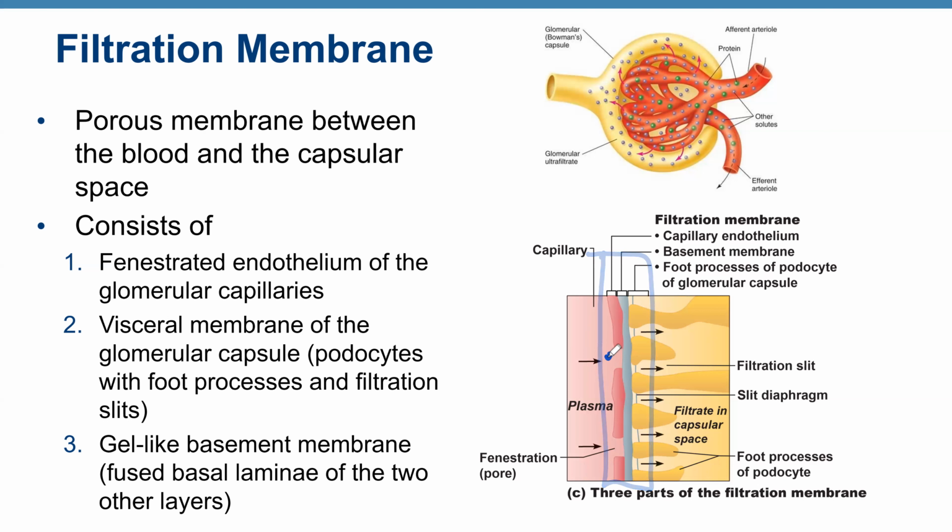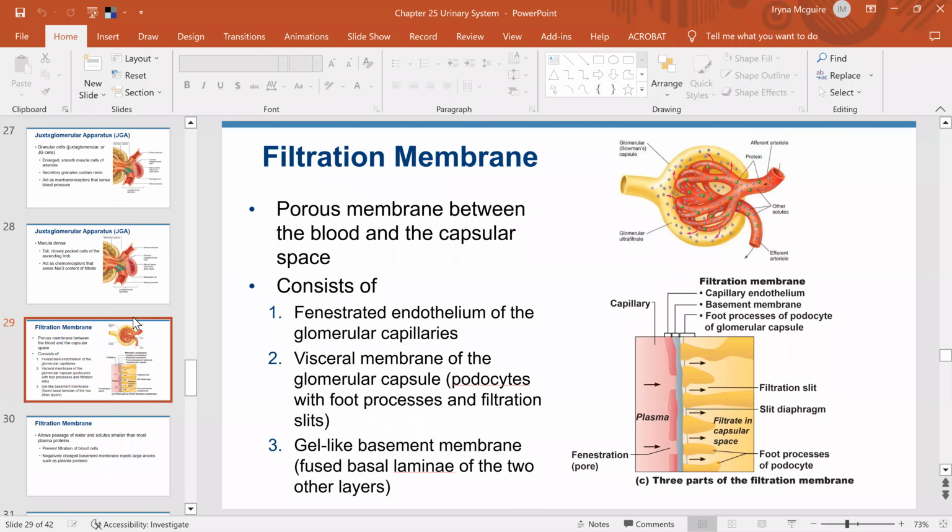The small particles can move through this membrane, but the large particles, like your proteins or red blood cells or white blood cells, cannot move through the filtration membrane. And if they cannot move through the filtration membrane, they cannot be in your filtrate. And if they are not in your filtrate, then they are not in your urine.